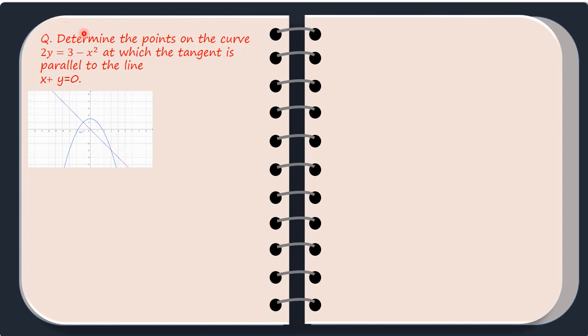Now what you need to find is the point on the curve at which, if we draw the tangent, it will be parallel to this line. That means we need to find the point of contact at which we draw the tangent in such a way that it is parallel to the line x plus y is equal to 0.